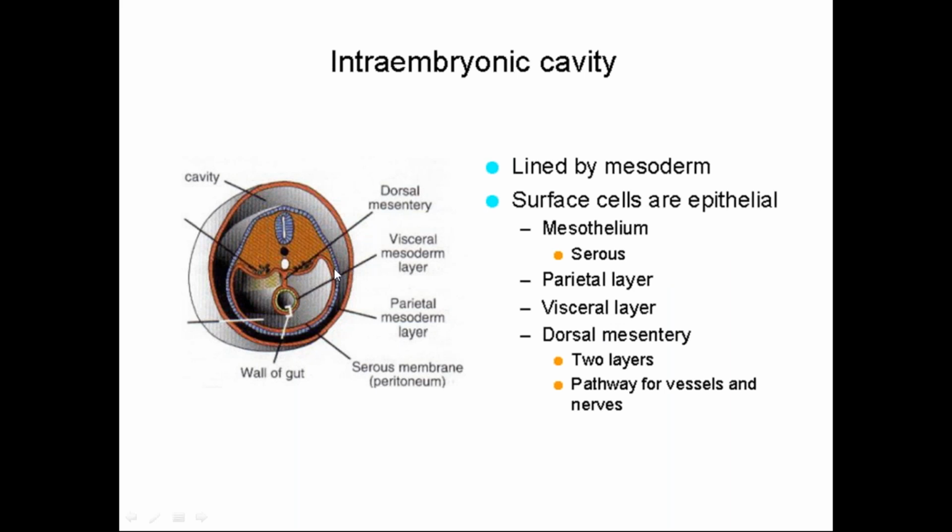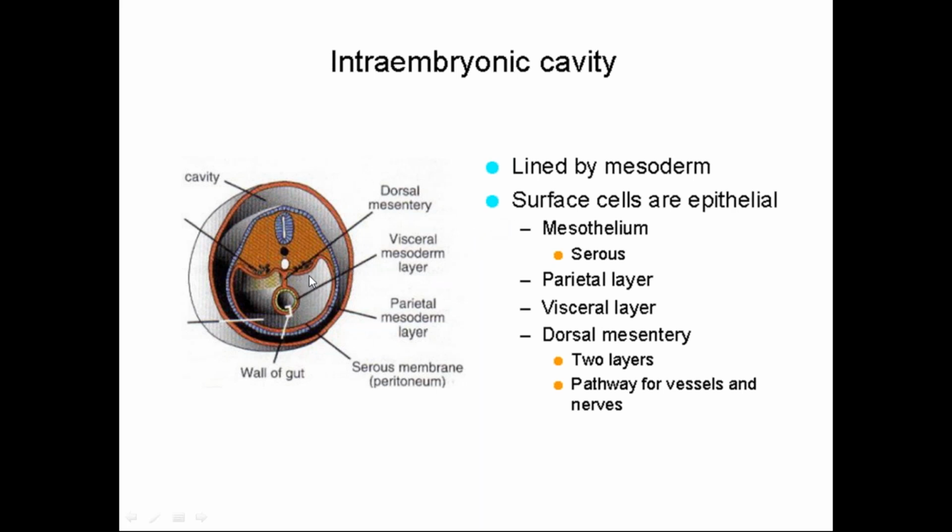This is the gut tube connected to the posterior body wall by two layers of mesentery, which is called the dorsal mesentery. The ventral mesodermal layer here, which is part of the splanchnic mesoderm, will form the wall of the gut.